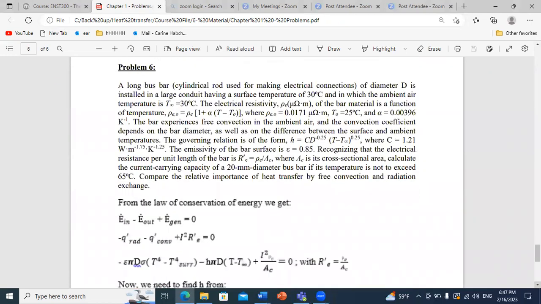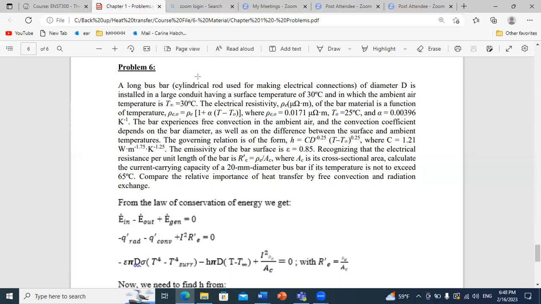Another problem. A long bus bar in cylindrical form for making electrical connection of diameter d is installed in a large conduit having a surface temperature of 30 degrees and in which the ambient air temperature is 30 degrees. So here I was telling you, pay attention to each sentence.